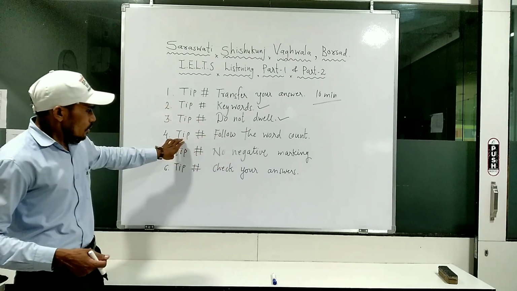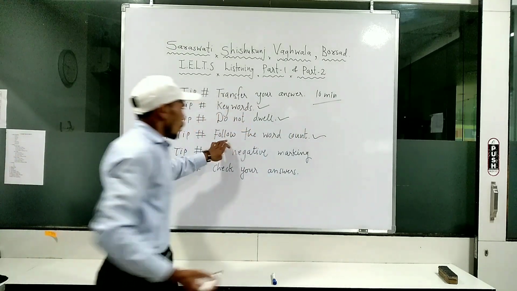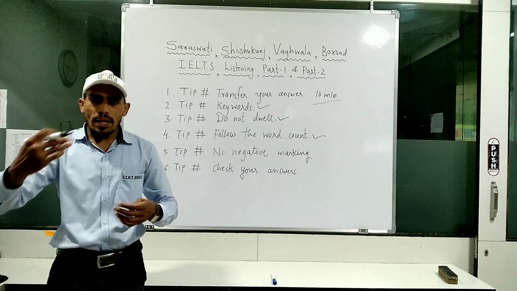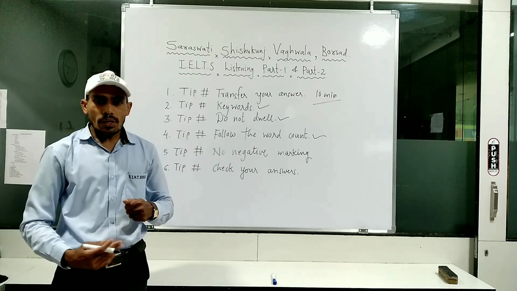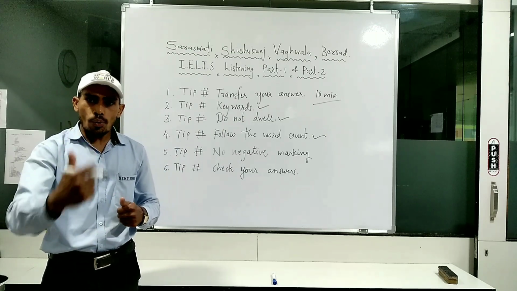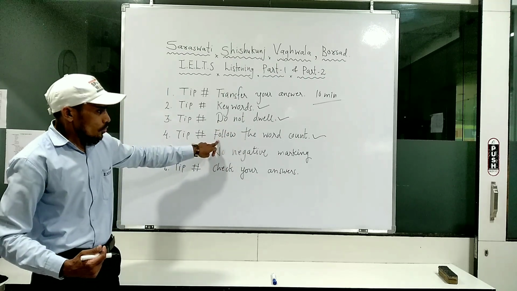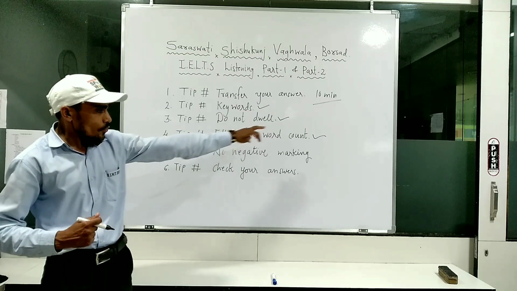Okay. Students, now the fourth tip we have is follow the word count. When you start your IELTS listening, it is clearly mentioned in the instruction: no more than 2 words or no more than 1 word. So you need to listen to the instruction very carefully, students, because you must follow the word count.